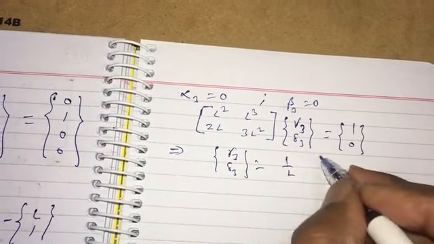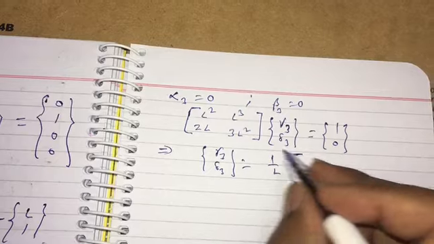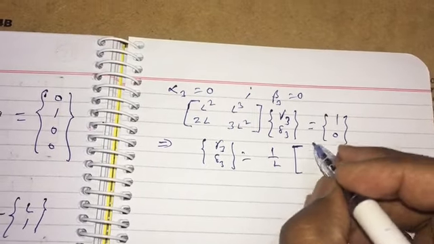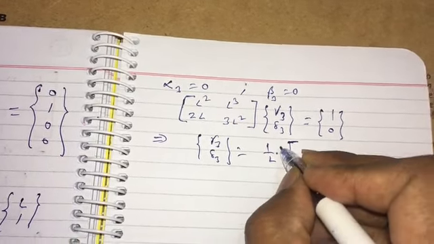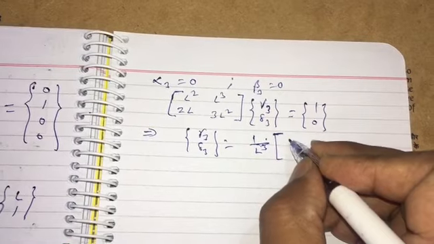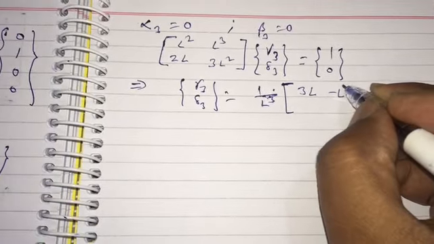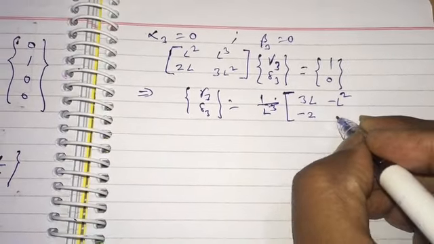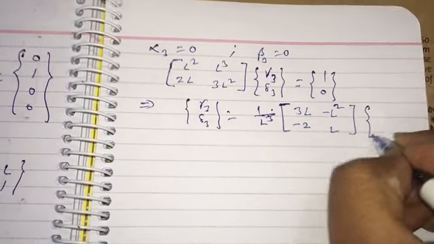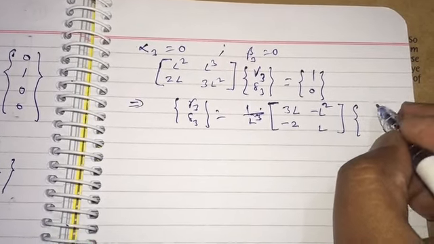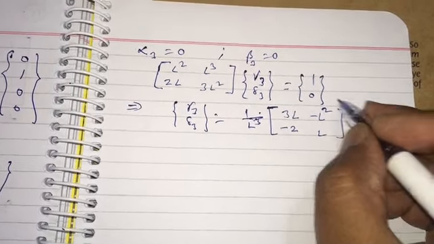We are taking out L common, and the rest will be 1 over L cube. So let's write like that to begin with. So 1 over L cube, then 3L. So I'm copying from this side. So we have 1 over L cube and 3L minus L square minus 2L. Okay, and multiplied by 1 0.